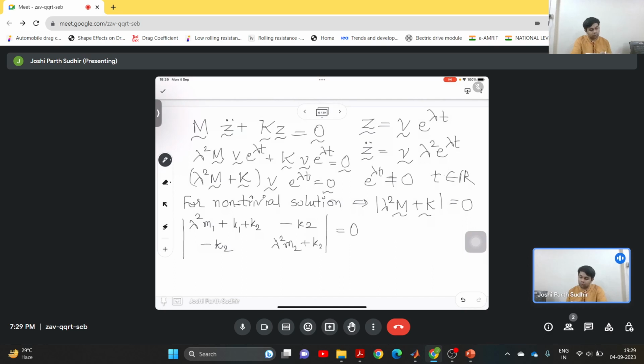Now if we solve this equation, we will get a fourth degree polynomial in terms of lambda. So it will have 4 roots of lambda. For now let us substitute lambda square as some alpha.